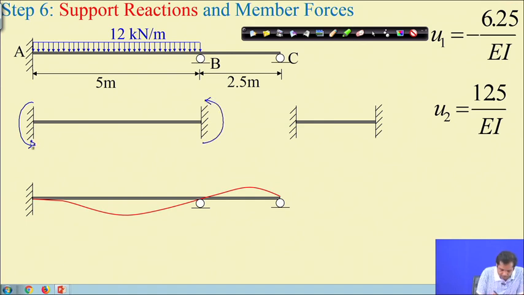Remember, anticlockwise moment and anticlockwise rotation is considered positive, and there will be a force here and a force here, and similarly at this end there will be forces as well. These are all fixed end actions. We already know what the fixed end actions are for this structure.